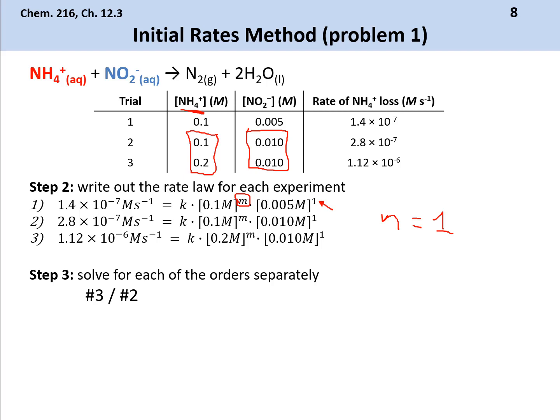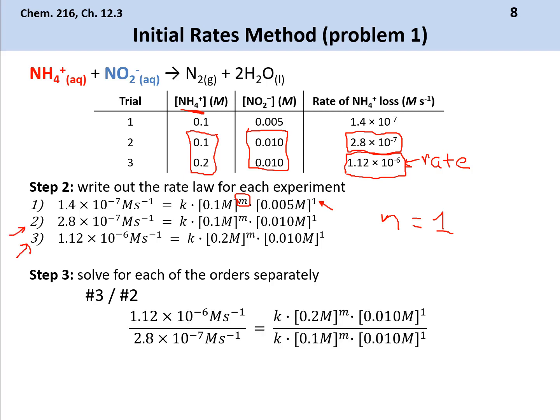So now I'm going to take one and put it over the other. One trick is I always put the one with the bigger rate on top. I already did this last time, but the reason is it gives me a number that's greater than 1. So I'm going to take equation number 3 over equation number 2.